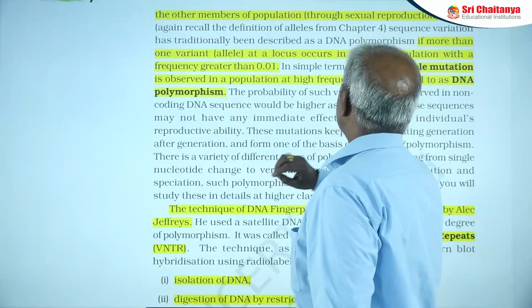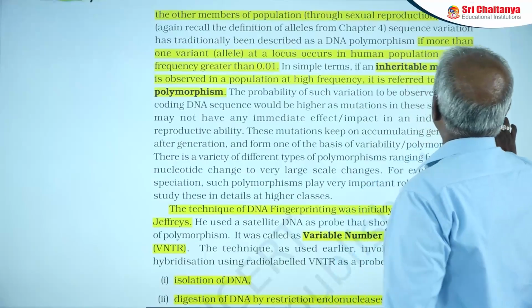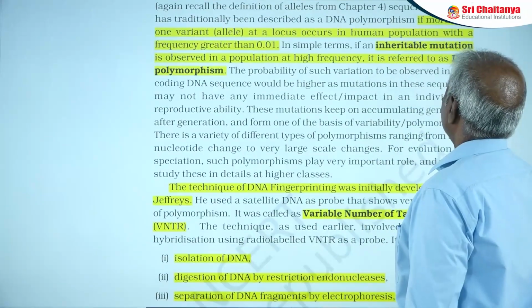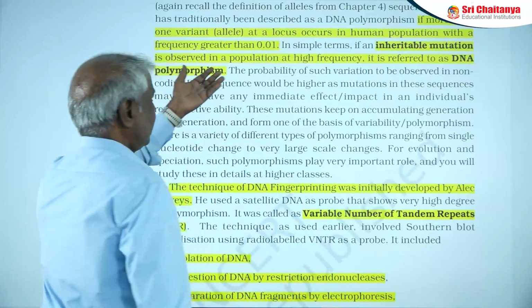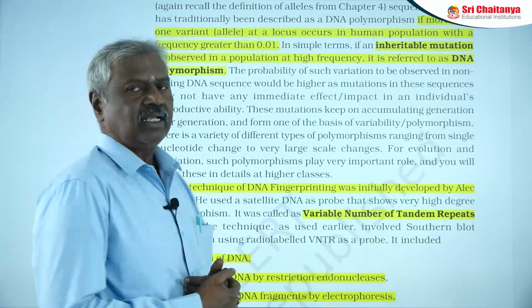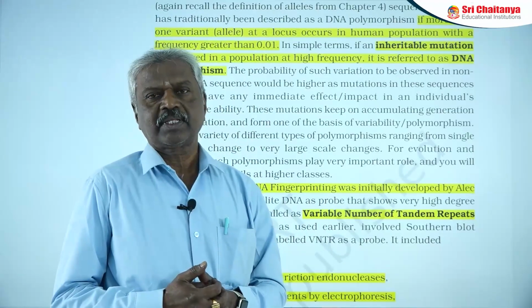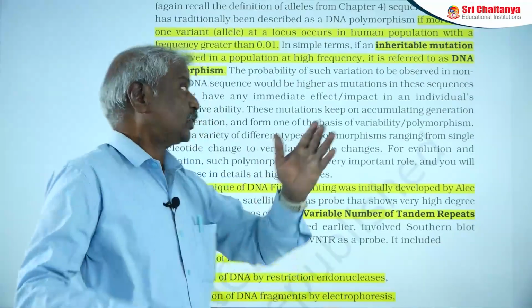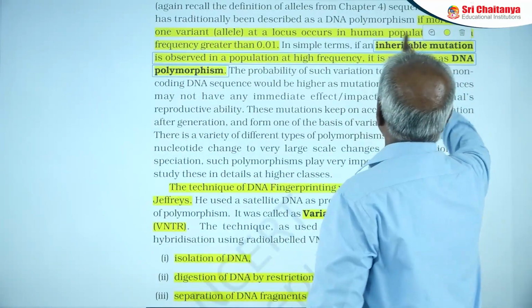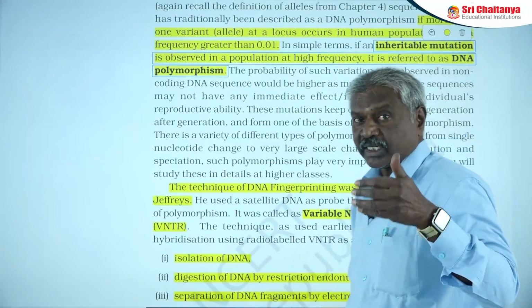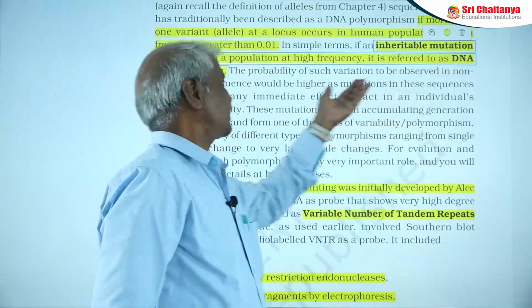That is a DNA polymorphism, that's it. Then, this is another important definition. If an inheritable mutation is observed in a population at high frequency, it is referred to as a DNA polymorphism. So, greater than 0.01, that's one important point. It is inheritable, most important, see this. It should show inheritance. And that is very important.